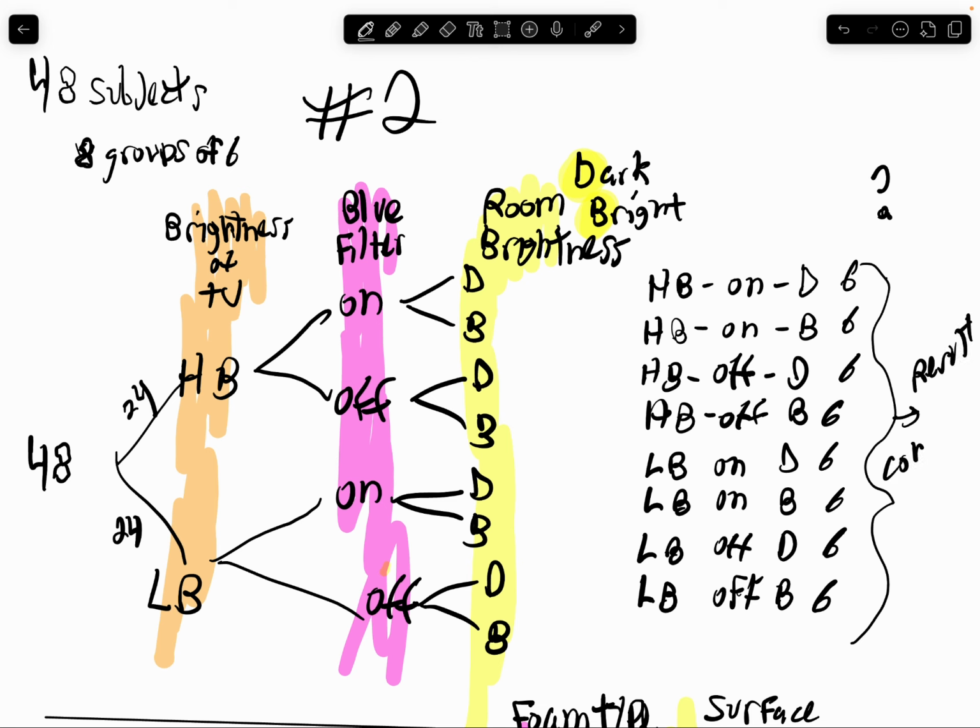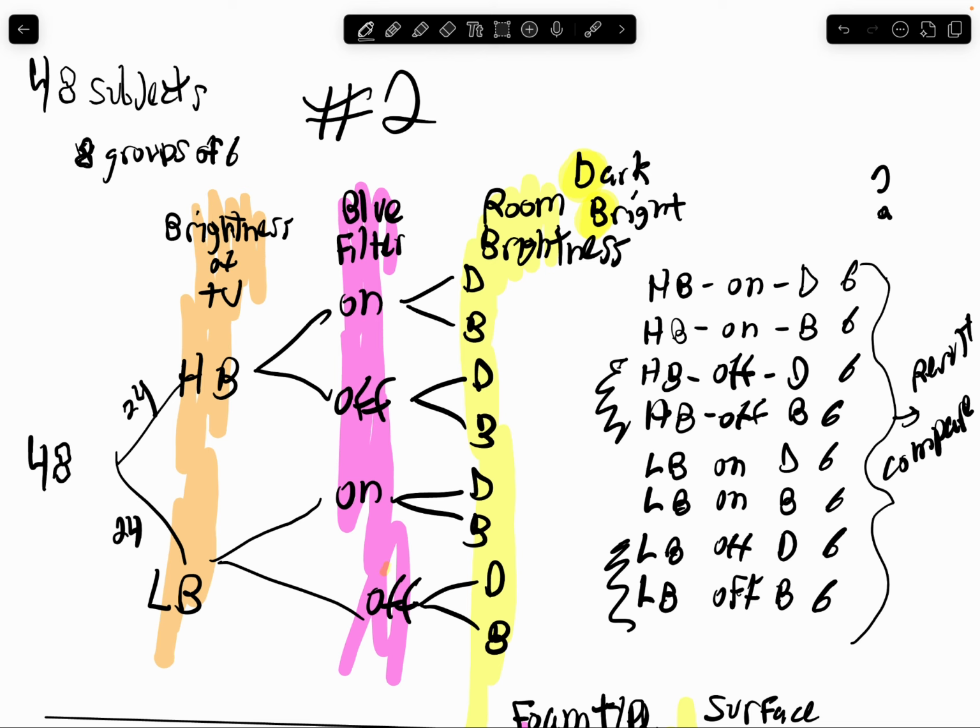You have to compare and see if there's anything special going on. Like, if all the people who had the blue filters off are reporting that they have low eye strain, and it didn't matter if it was a high brightness or low brightness TV, and it didn't matter if the room was dark or bright, they're saying, oh yeah, I don't have much eye strain at all, I feel fine.